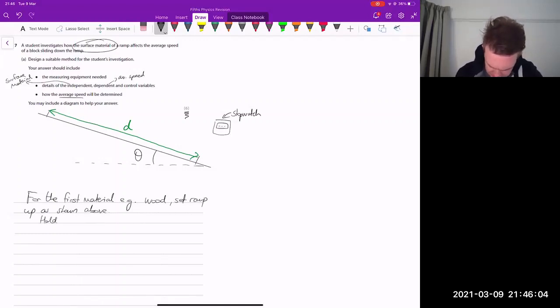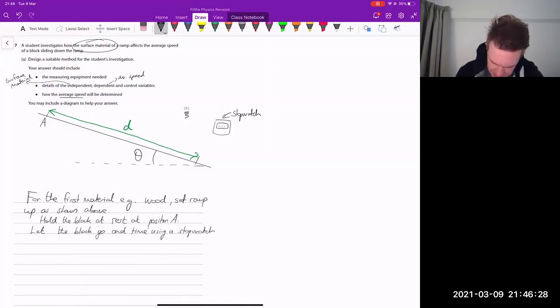Hold the block at rest at, and you could label this position A. Let the block go and time using a stopwatch.